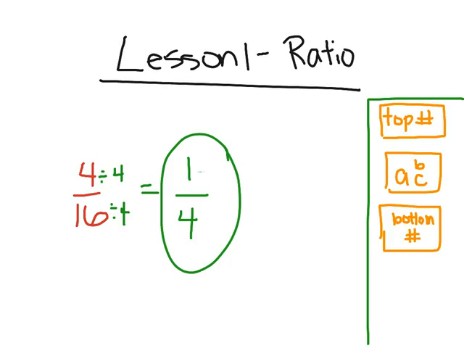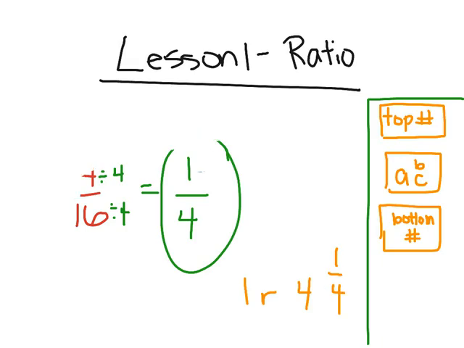So if you type in 1 ABC 4, it can't be simplified anymore. But if you type in 4 ABC 16, it comes up as 1 R 4, which is the same as 1 over 4.